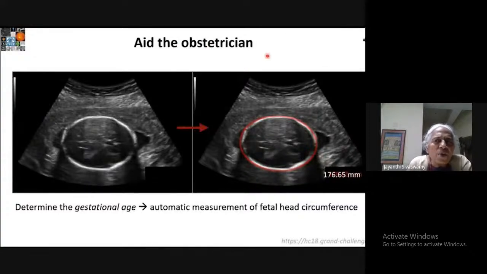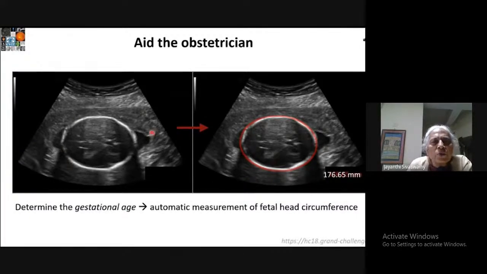The obstetrician is the one who sees a woman through her pregnancy and delivers a baby. Many times they want to know how healthy the baby is and what is the actual age, because many times women don't know exactly when the pregnancy started. So the gestational age is of interest because they need to plan when the delivery can happen.